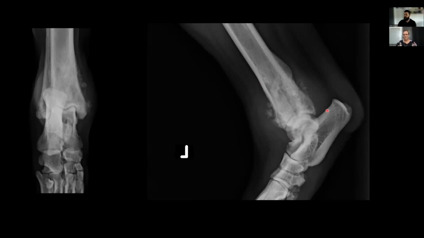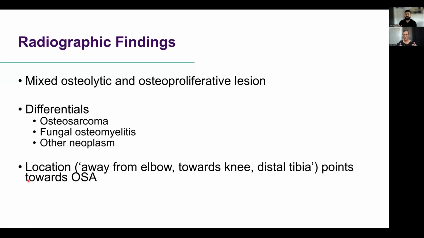There's increased soft tissues right along the margin of this bone here. So putting all of these pieces together, we've got a mixed osteolytic, so bone loss, bone lysis, and osteoproliferative, that's that periosteal reaction. Mixed osteolytic and osteoproliferative lesions are differential diagnoses for this.